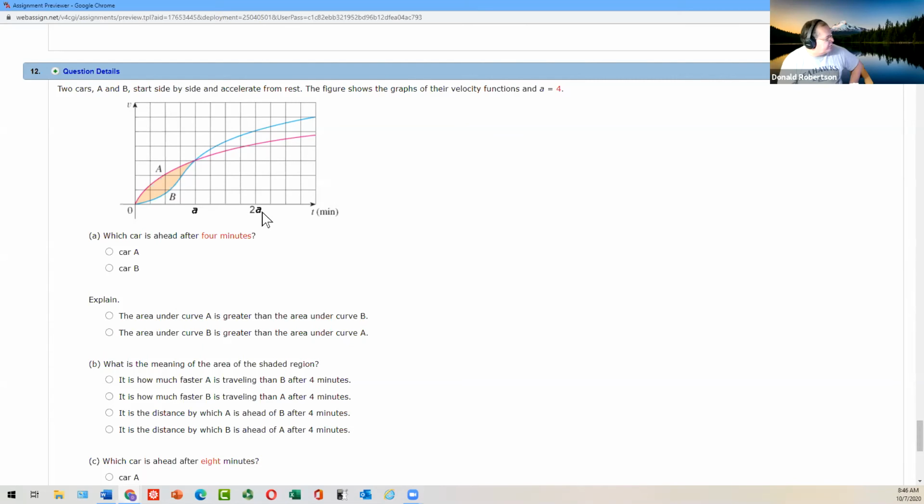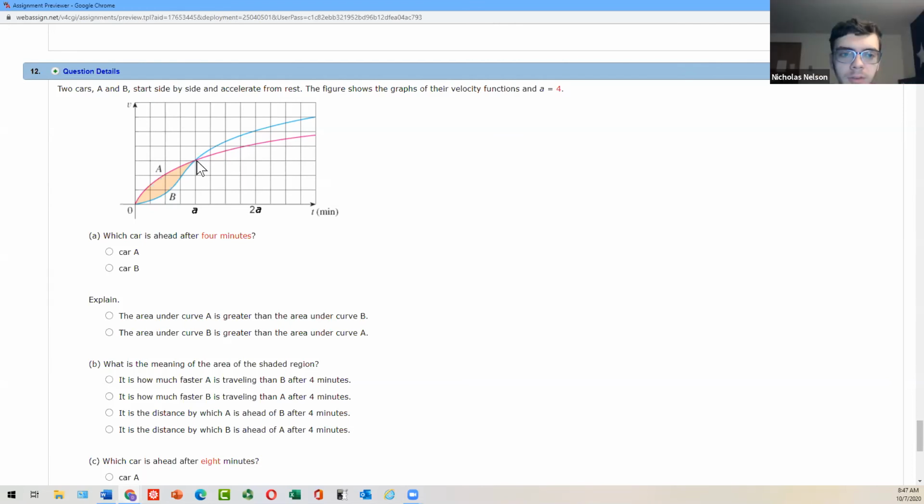I don't know why that says A and 2A. When you're asking which car is ahead after 4 minutes, aren't you talking about which car has travelled the furthest distance? Now, it is possible to figure that out. Is it car A or car B?